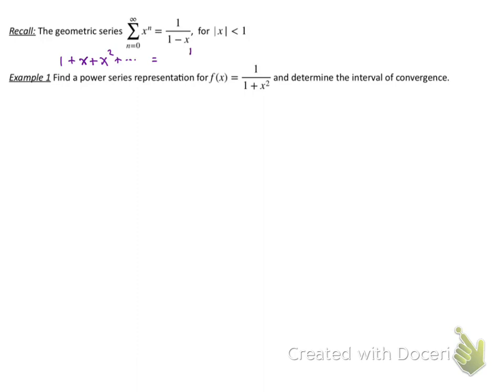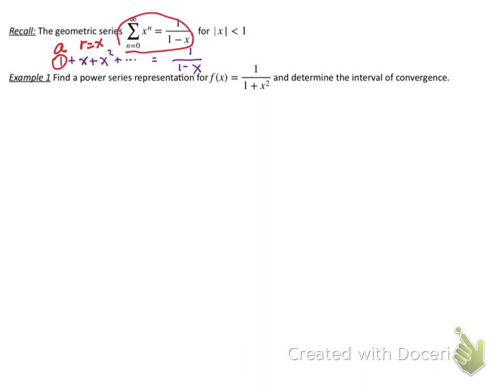1 over 1 minus the common ratio x, right? This is a, and r is x. So we have the sum upstairs.